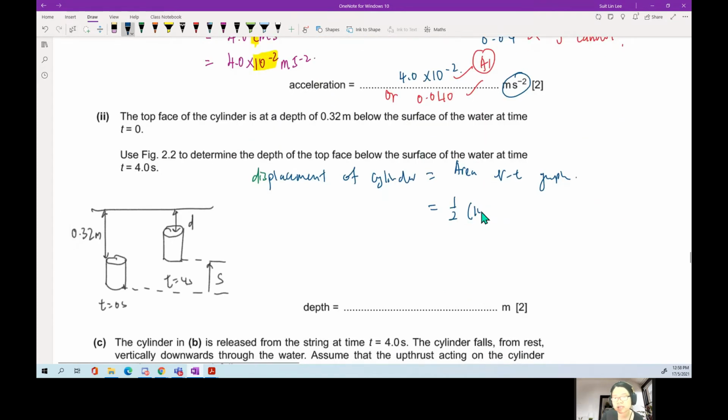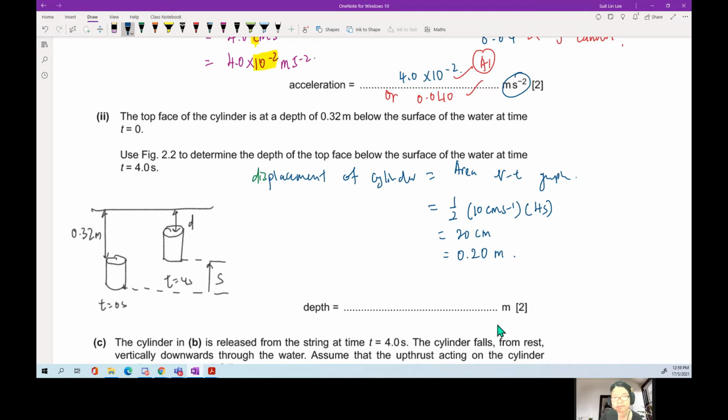Half times 10 times 4. This, by the way, is 20 cm. Because this 10 is cm per second, the y-axis is cm per second, and the 4 is in second. So the second cancel off is cm.